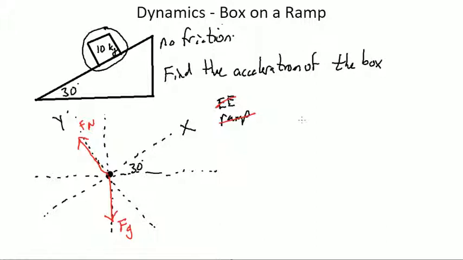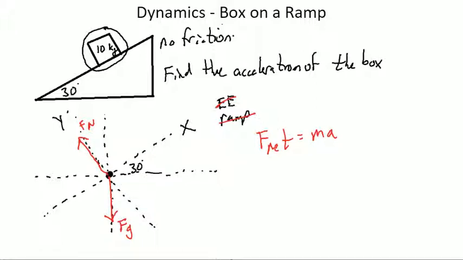At this point, it should be completely obvious that in fact the box is going to accelerate down the hill. F net equals ma. There is no way that this force and this force can add together to give 0. This one, well, right now it looks like this one is at an angle, but we're actually going to treat this one like it's off angle.